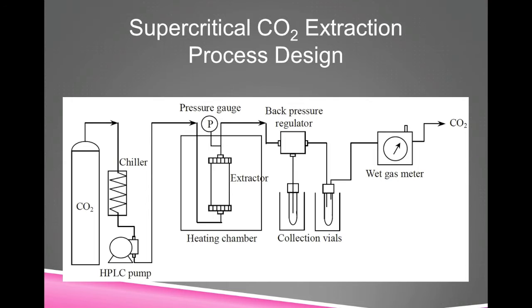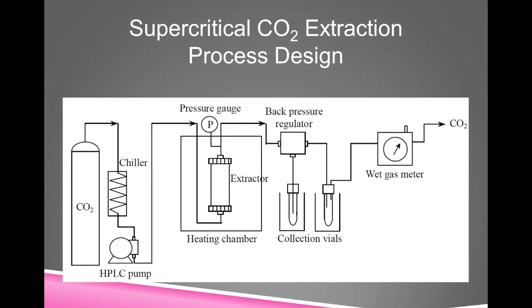Now if you see the process design that this diagram shows, it has some main parts, which are the carbon dioxide feed, a chiller, a pump that would increase the pressure, a heating chamber, also a back pressure regulator, and a collection vial.